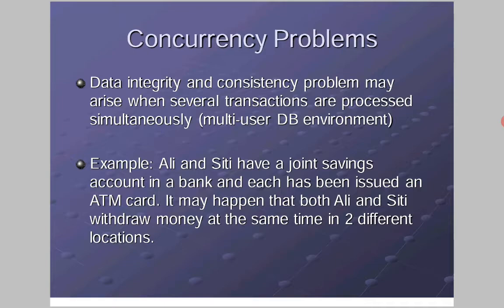So what is the meaning of concurrency? It means whenever we try to access the same data or information from the database or tables by two or more users at the same time, some confusion or delay will occur as to which transaction is completed first or which transaction is to be processed first.